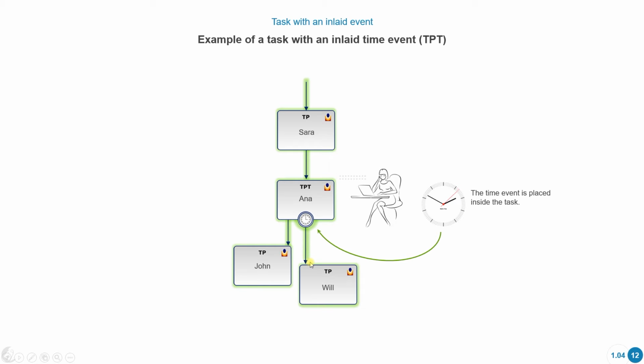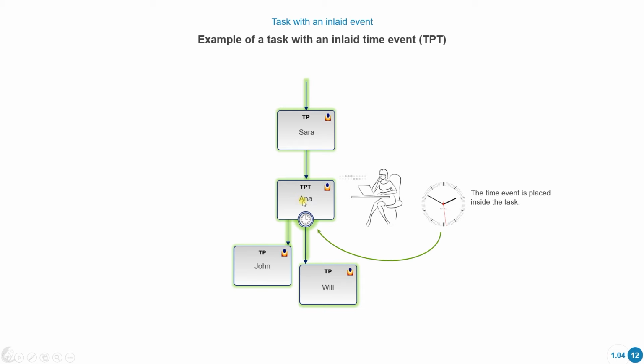Before, we mentioned that there can be one or two outlets in this TPT object, but we said that one of them is mandatory, the one that goes out of this time event. This one is not actually mandatory. So what would happen if Anna receives a task and it only has one outlet that comes out of this embedded inlaid event? Let's say Anna doesn't have time, so the moment in time arrives, then the flow would go out this way.